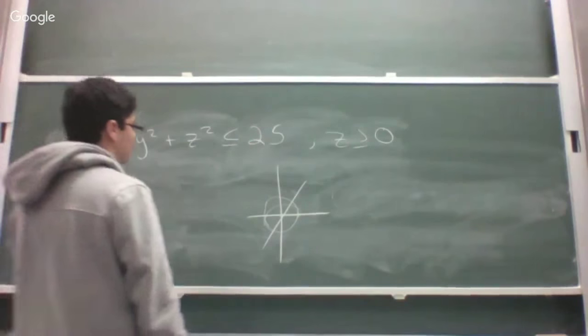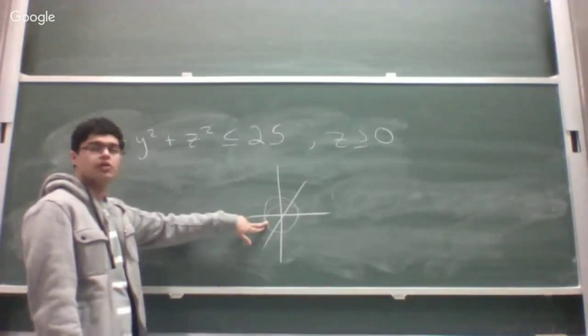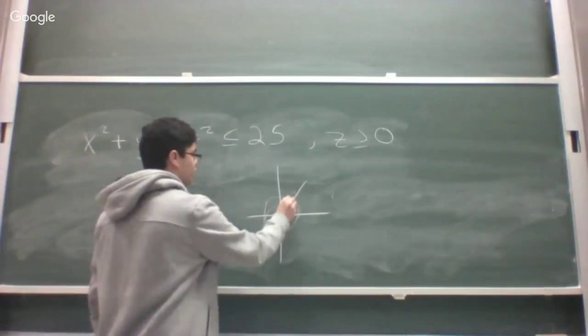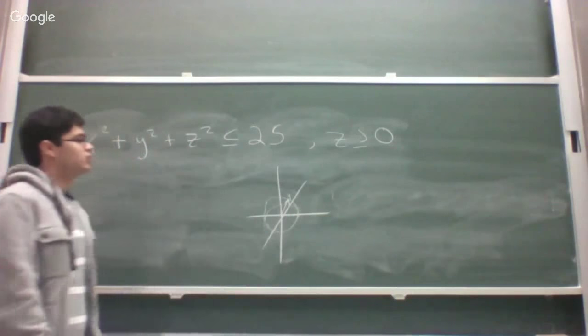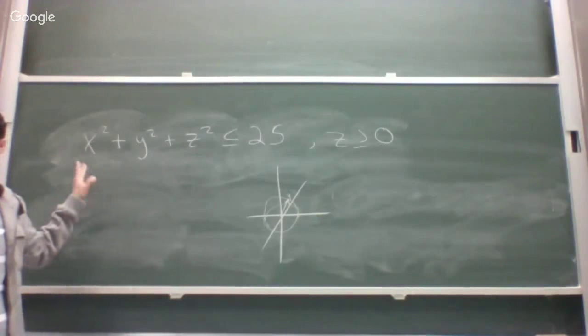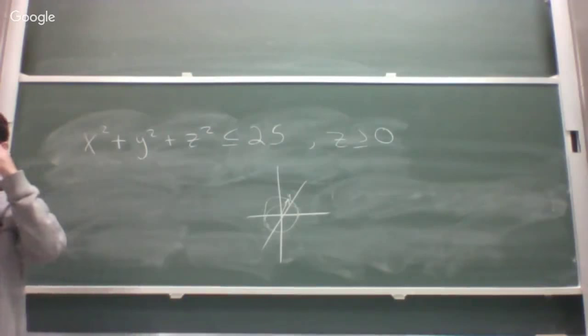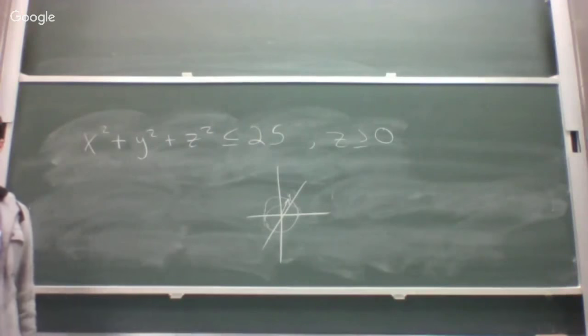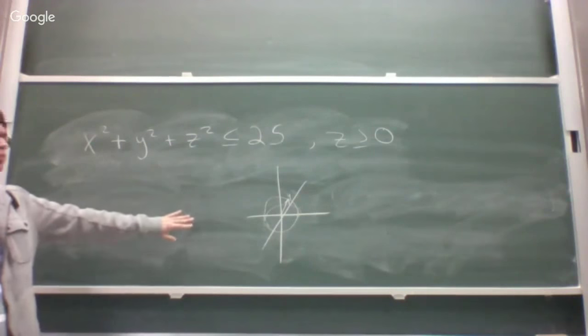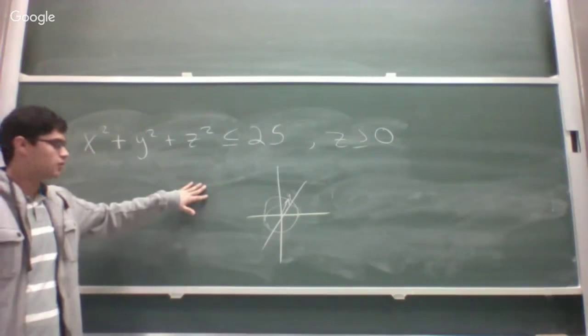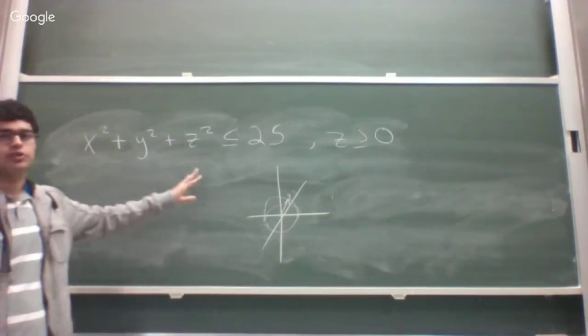If I just gave you this figure, and I told you guys that the radius was 4, you guys should be able to write this out. Yes? No, it'd be 16, but you would be able to go backwards. And then in this, the center is 0, 0, 0.